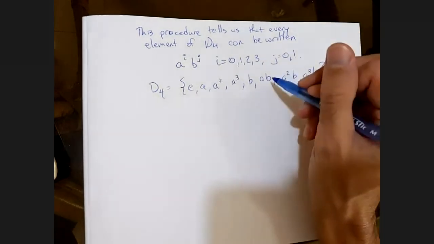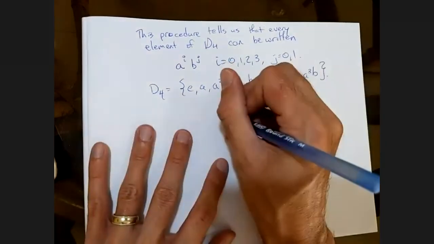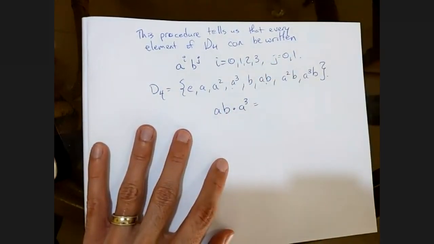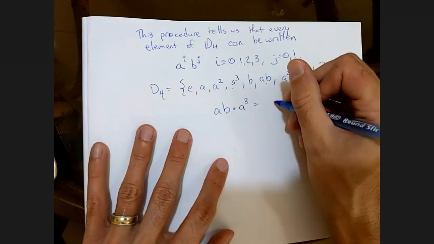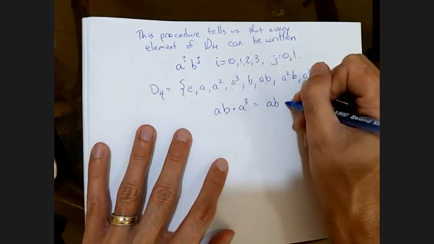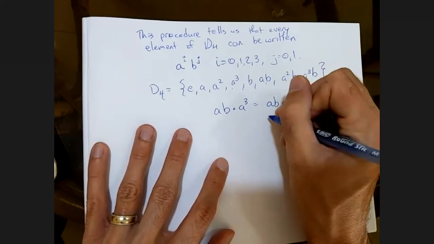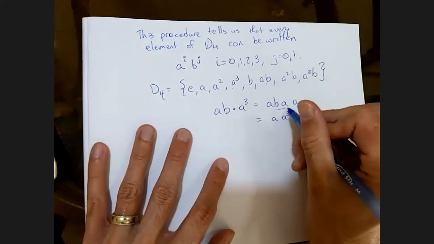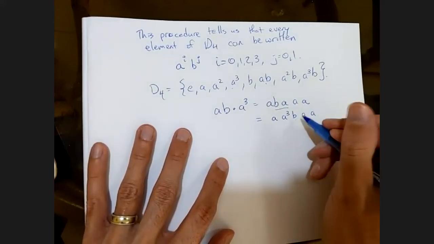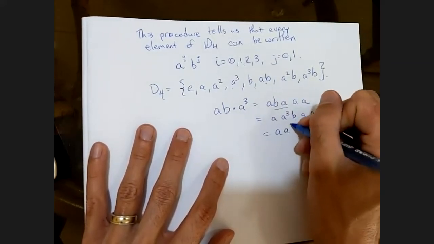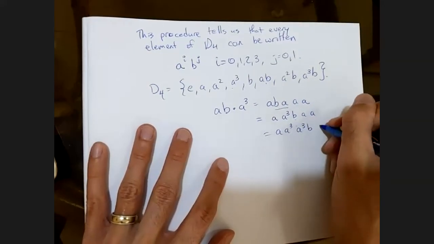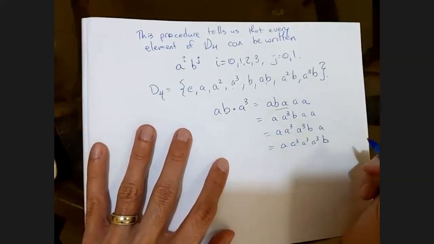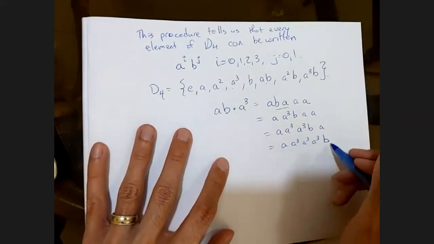Like if I want to do AB times A cubed, well, to go slow, I might write it as ABAAA. I might switch B and A with A cubed B, and I do the same thing, and I do the same thing again. And then I stop. Now I have A to the 10th B.